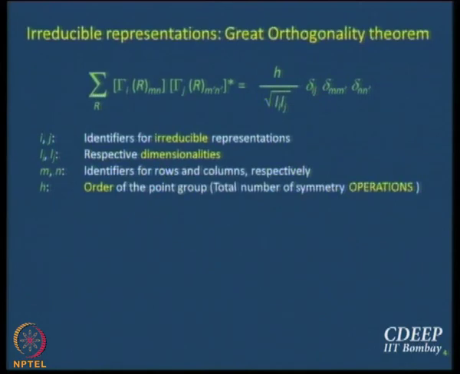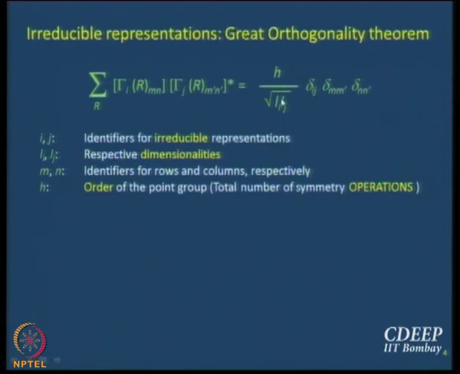What is the representation? A collection of matrices, right? A collection of transformation matrices for all the symmetry operations. Different collections have different numbers. So, you multiply this by a complex conjugate of that and sum over all R.